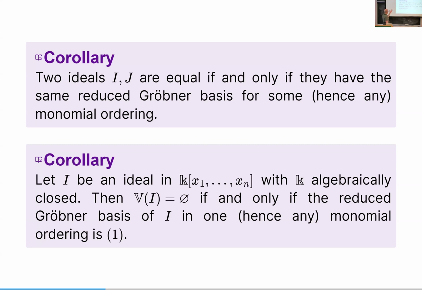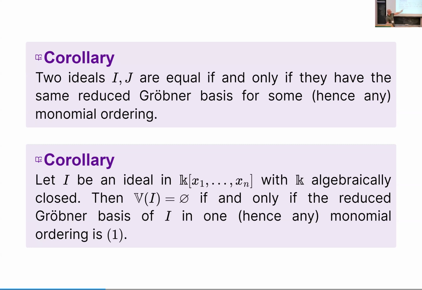An interesting, more basic question is, does it actually contain any points, or is it empty? Well, we can write this down. If you give me an ideal, and we're going to work over a field that is algebraically closed, then the vanishing locus of the ideal is empty if and only if the reduced Grobner basis of the ideal is equal to just a tuple containing 1. If you're not looking at the reduced Grobner basis, you could say a Grobner basis contains a non-zero constant, and that would be equivalent to this statement.